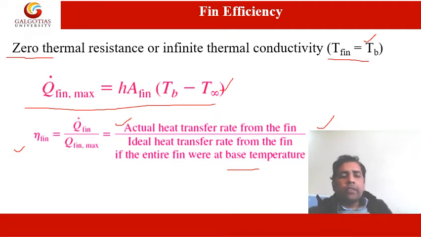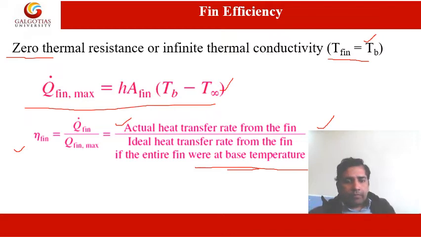So the fin efficiency is basically the ratio of actual heat transfer from the fin upon ideal heat transfer rate from the fin if the entire fin were at the base temperature. So this is the ratio that we have got for the fin efficiency.